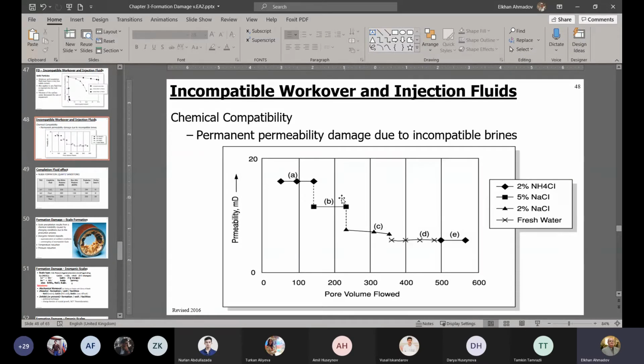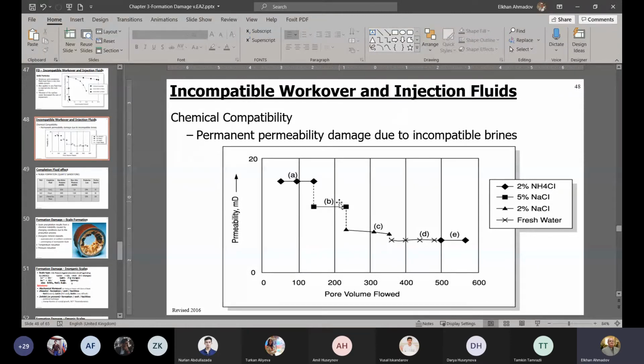Then we see that the permeability of the rock sample is degraded to some degree, because we injected 5% sodium chloride.